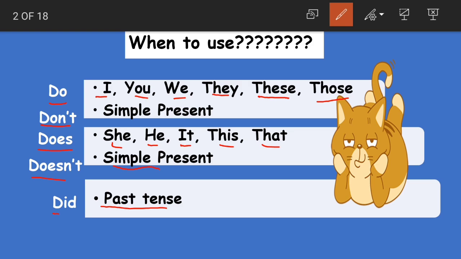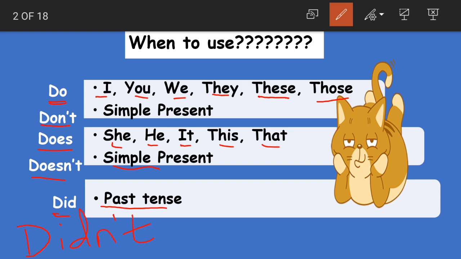And for do, this is the positive word, don't is the negative form. Do is positive form, don't is negative form, does is again positive, doesn't is negative. And for did you have a negative form, didn't, or did not, you can also say like this.